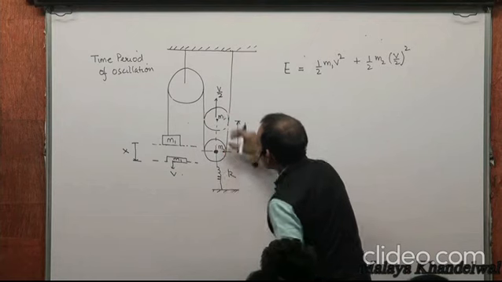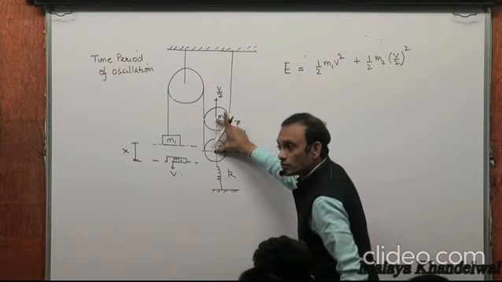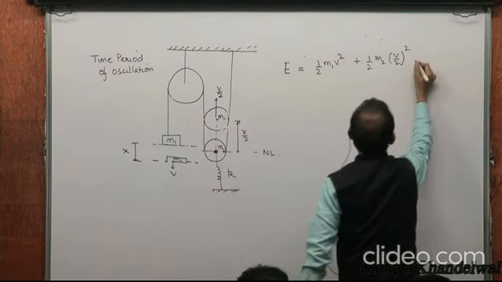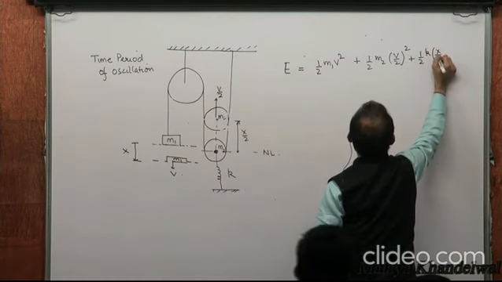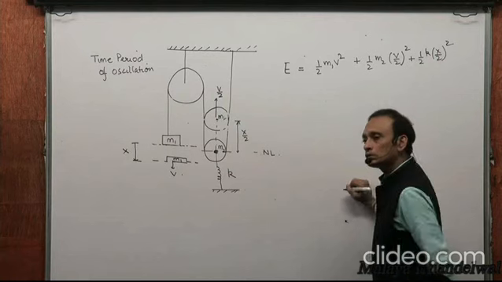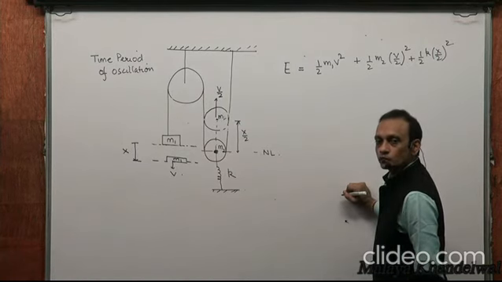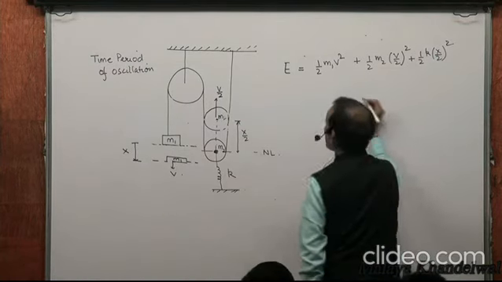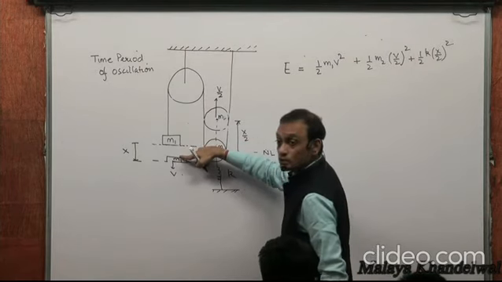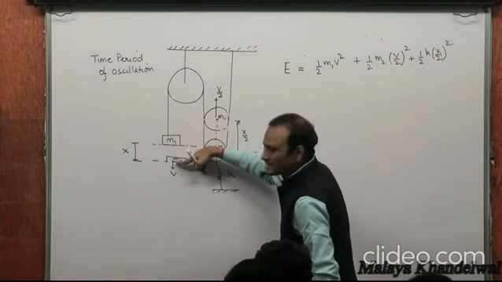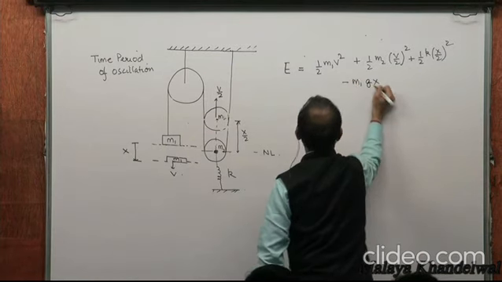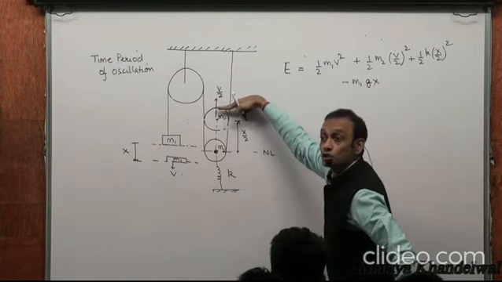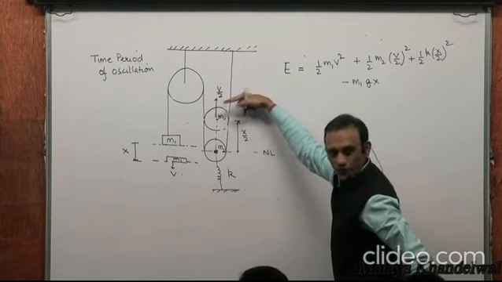The spring would have elongated by an amount x by 2, so the elastic potential energy of the spring is half of k into x by 2 whole squared. And then this loses potential energy, so minus m1 g x. This gains potential energy, so plus m2 g x by 2.